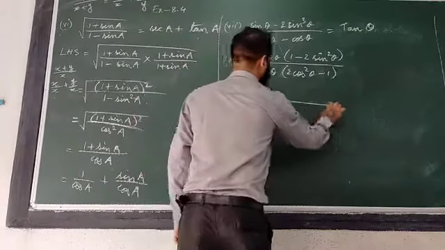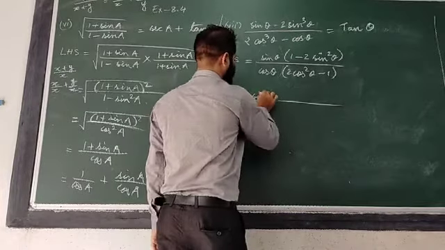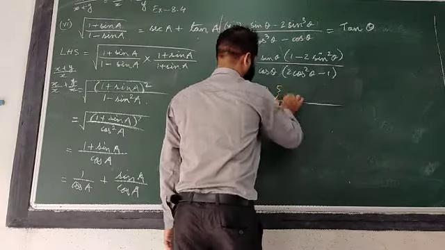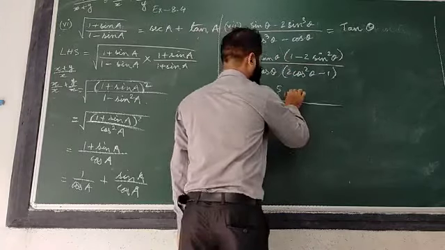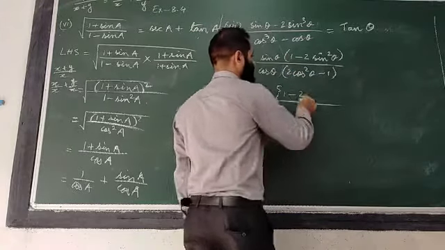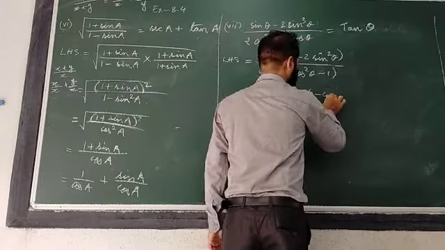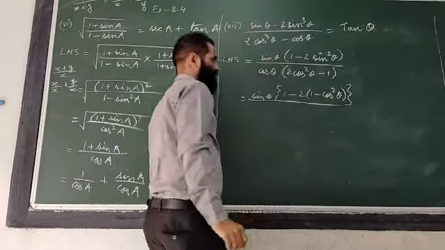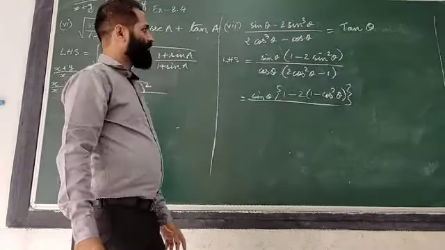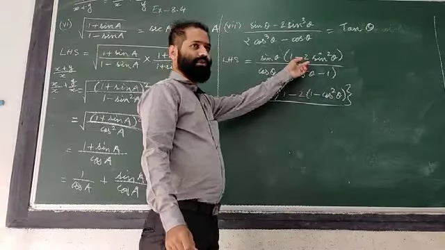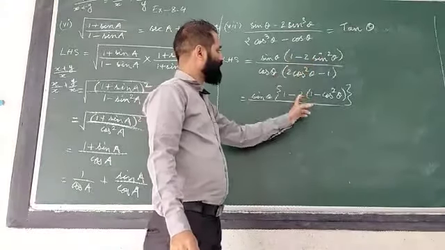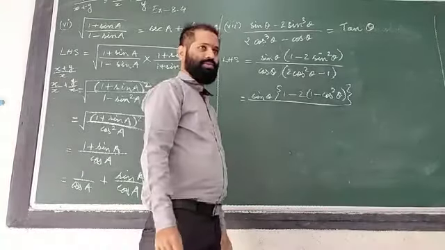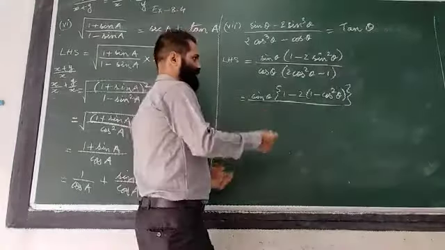So we will leave it this way. Sin theta, and here I am leaving this bracket. 1 minus 2, and this can be written as 1 minus cos square theta. Any problem? Because there is a minus in front of the number, that's why I have given a bracket. Otherwise next time the sign will change.